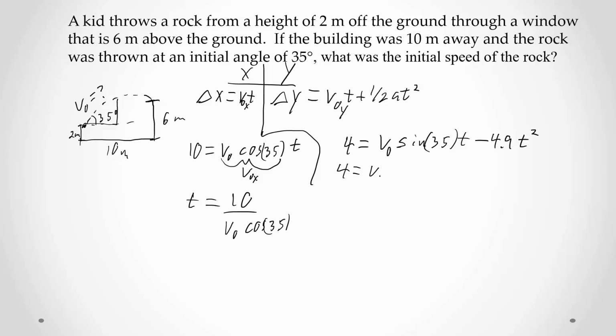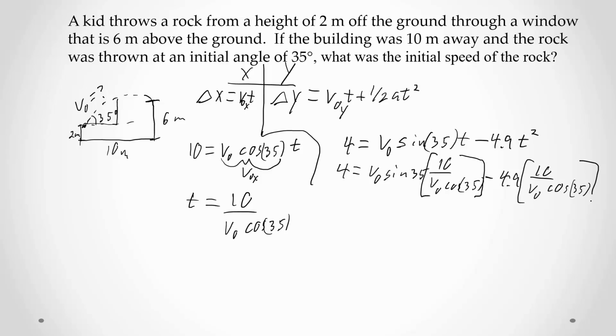So 4 equals v naught sine 35, and then for t I've got 10 over v naught cosine 35. Put a big happy bracket around that. Minus 4.9 times the same t, 10 over v naught cosine 35, and this whole thing is squared.